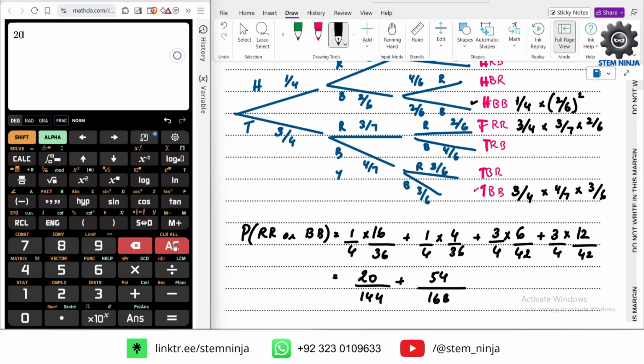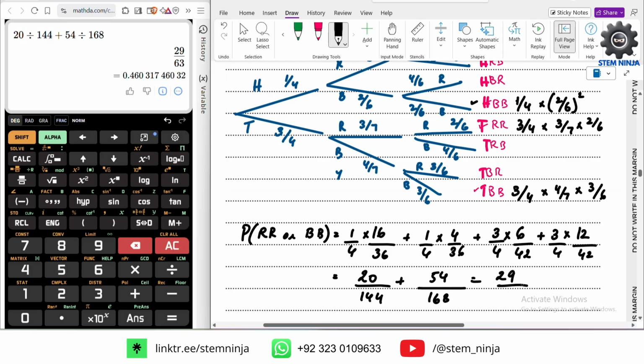Right, okay, so 20 divided by 144 plus 54 divided by 168. So that is 29 over 63.